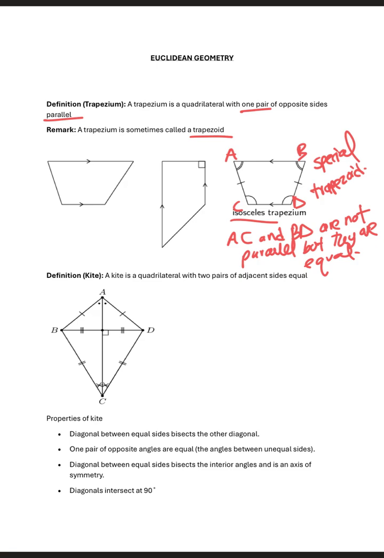So this one is a right angle right here, as you can see. It's right angled. And then this one is a normal trapezium. This one is just a normal trapezium.